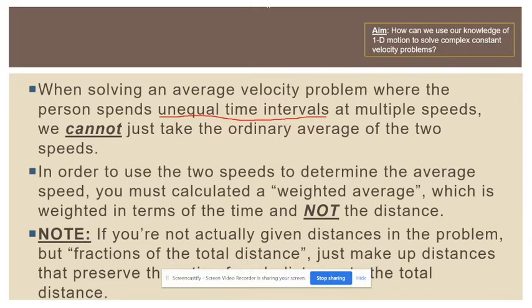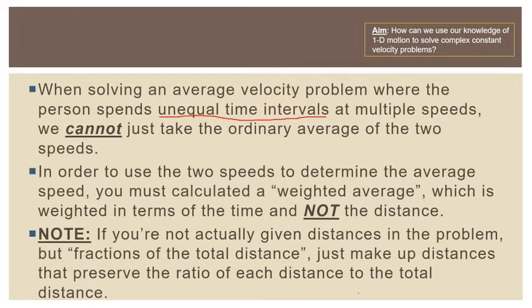Another piece of advice here for answering this question would be if you're not actually given distances in the problem, but fractions of the total distance, as they do here, you can just make up the distances, and you should just make up distances that preserve the ratio of each distance to the total distance.